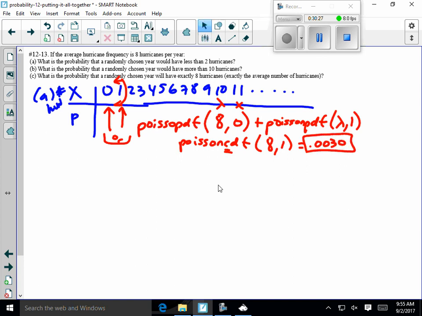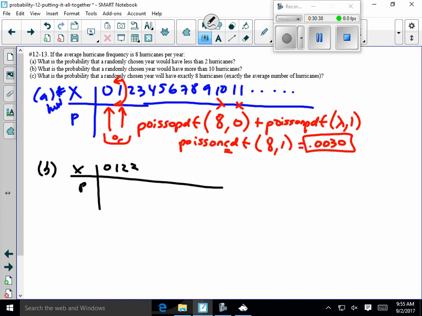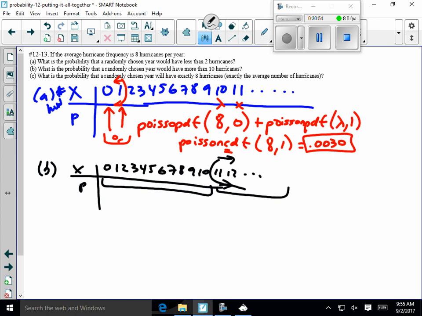Okay? All right. The next one says, what's the probability that we have more than 10 hurricanes? So again, I could write out my list here of my random variable representing the number of hurricanes in this case. Goes forever. So I want the probability that we have more than 10, right? So more than 10 would be over here. And so I'm definitely going to use the idea that more than 10 and up to 10 add up to 1.